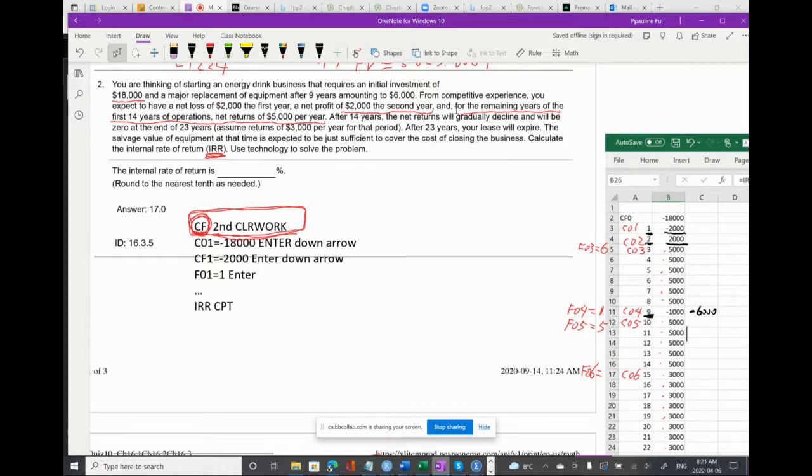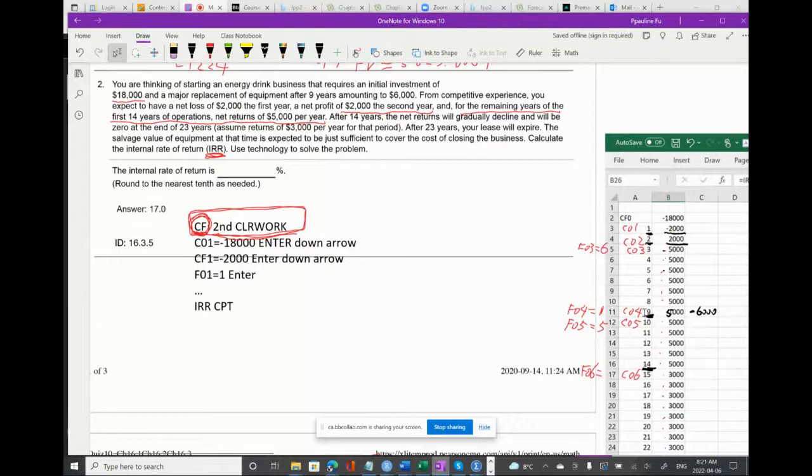Okay. And for the remaining years of the first 14 years, you have 5,000 per year. So 5,000, 5,000, 5,000 for the next 14 years until here. Each year you have 5,000.